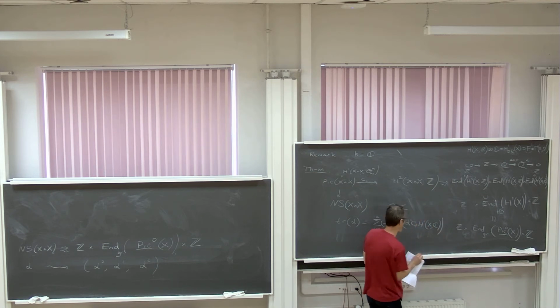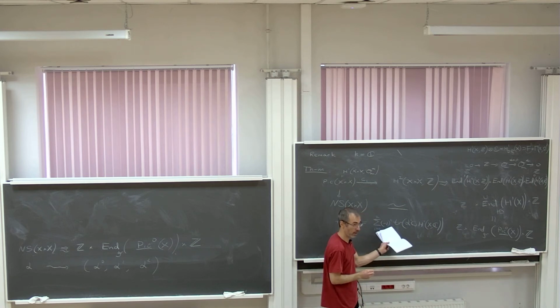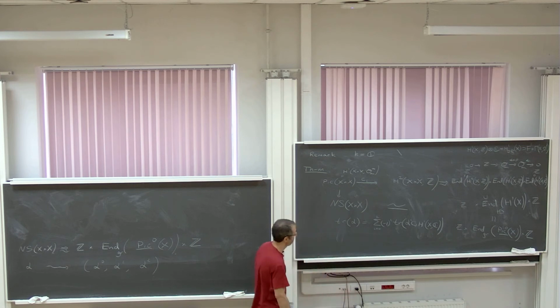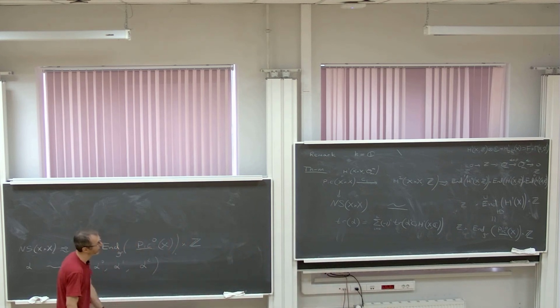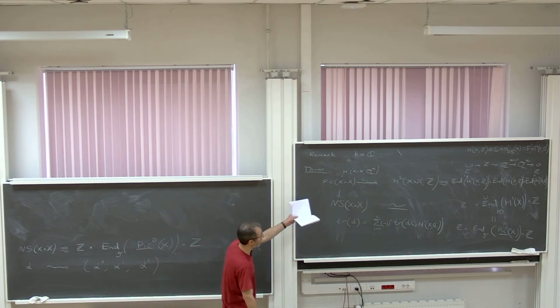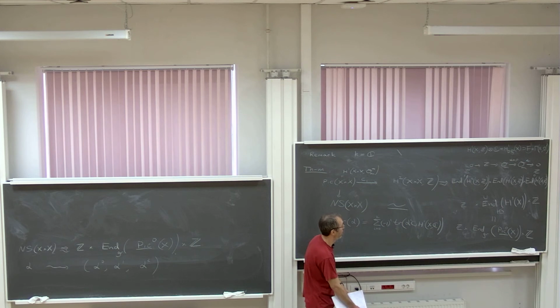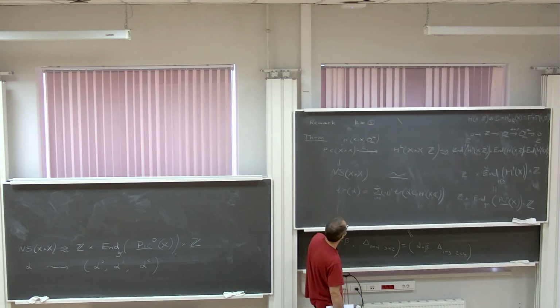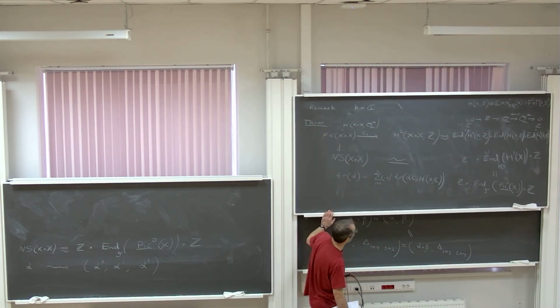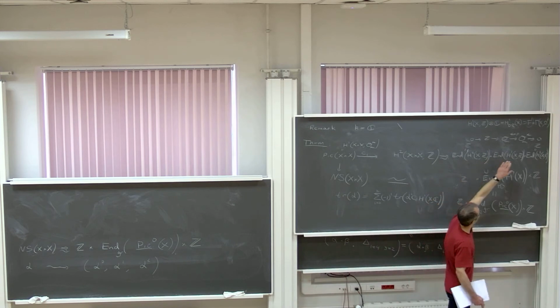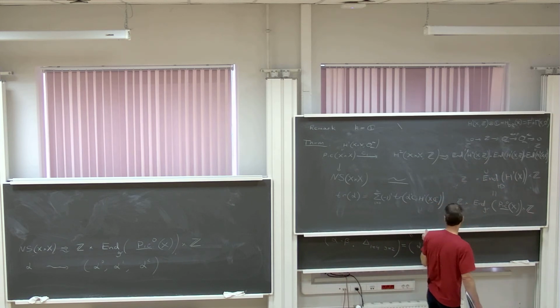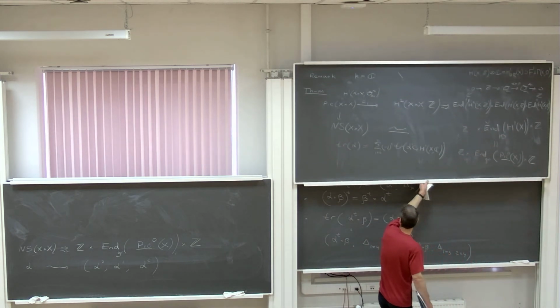This is a topological statement. We discussed it also last time. And transposition corresponds to the adjoint linear map with respect to the Poincare pairing. Good.